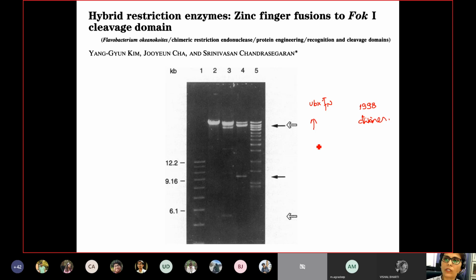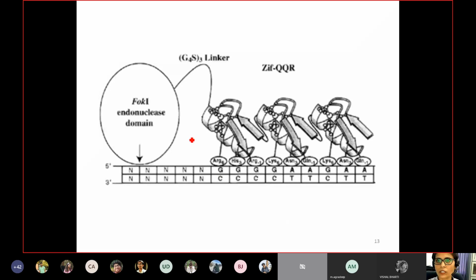They figured out that since two domains of the FOK1 enzyme are required to cleave double-stranded DNA, their strategy started changing, and they wanted to construct novel nucleases. So far they were able to construct these kinds of motifs, for example one zinc finger, second, third attached to the linker, and then the FOK endonuclease was able to cut at specific sites.